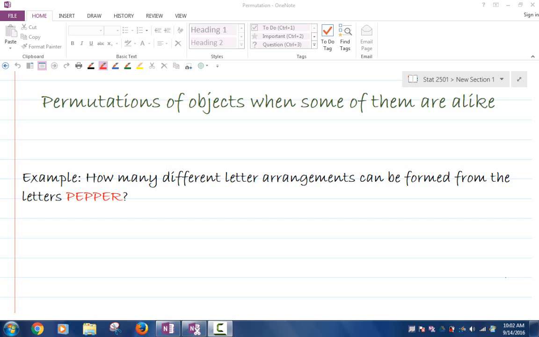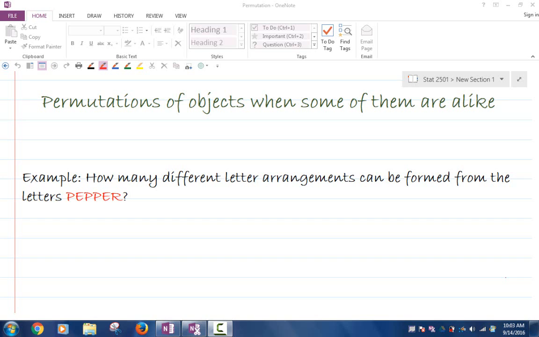What we wanted to look at was permutations of objects where some of the objects are alike. Remember what a permutation is? A permutation is an ordered arrangement, right?